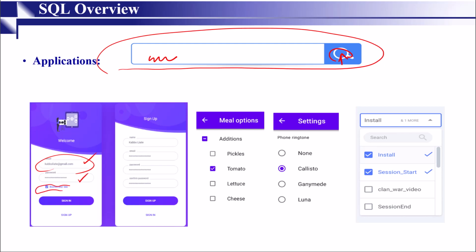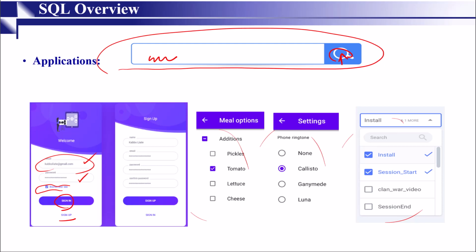This remember me is by SQL. Behind this button, there is SQL. Behind this sign up is SQL. Everywhere, wherever you see some functionality on a desktop, mobile, or web application, SQL is there. The ability of SQL to work across different database systems and integrate with various programming languages makes it a cornerstone of modern software development.